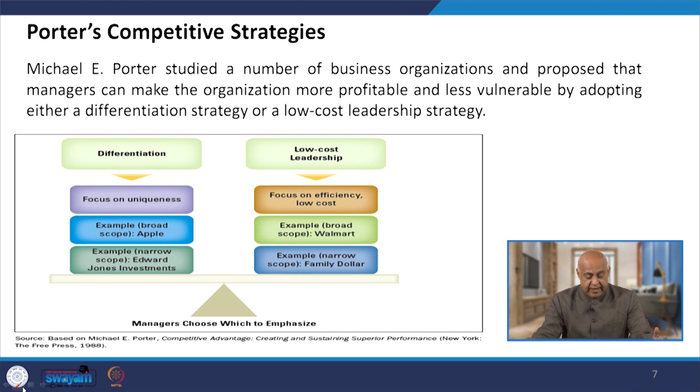Another example given for narrow scope is Family Dollar. The managers have to choose. Now in this slide you get the two examples: for differentiation, Apple, and for low cost leadership, Walmart.